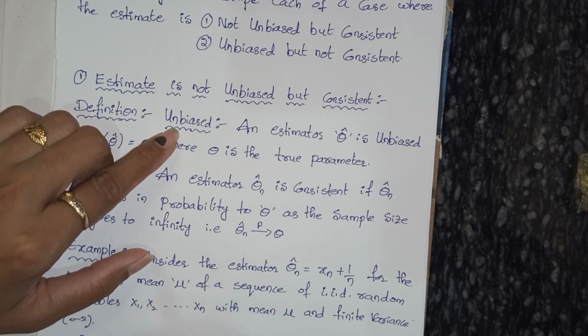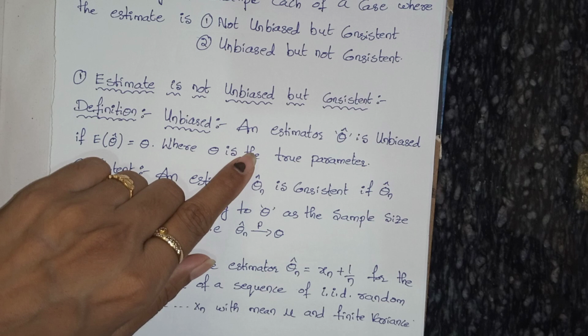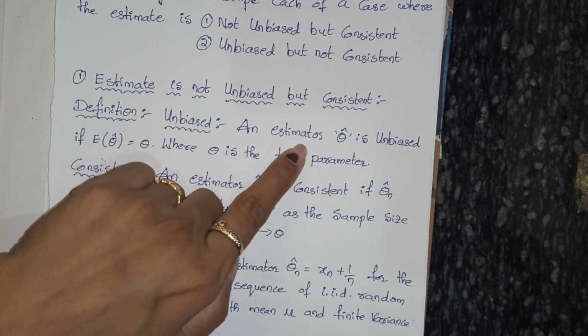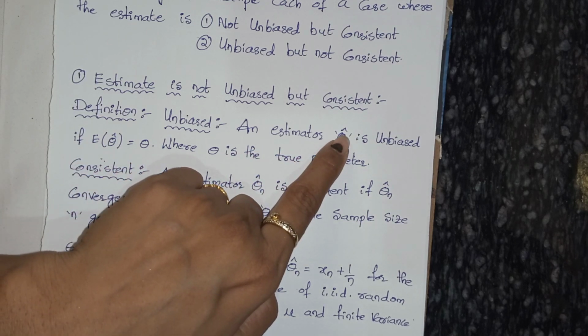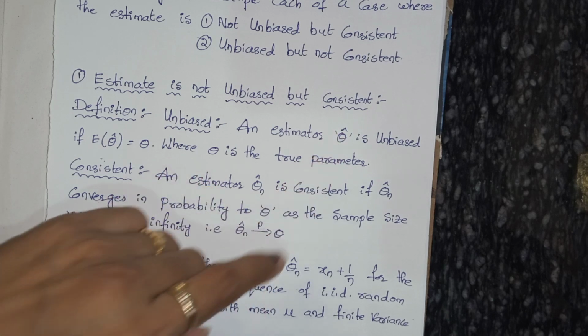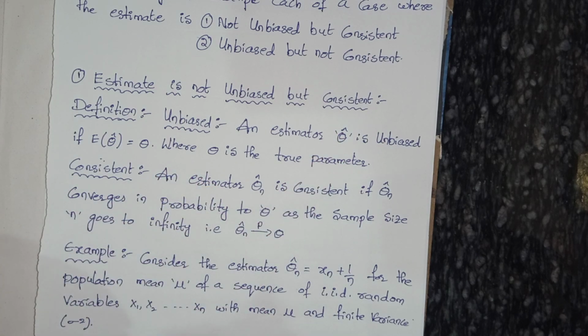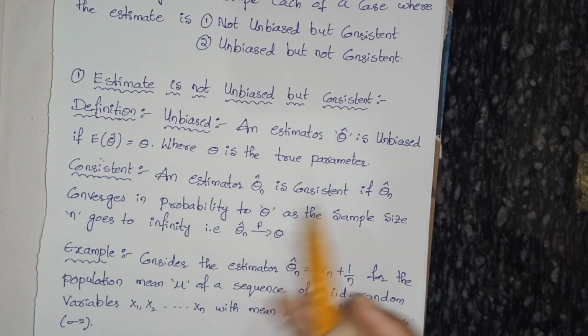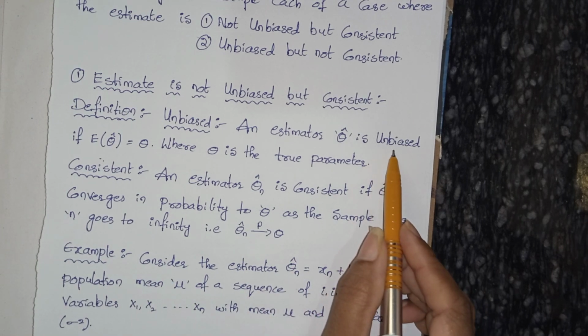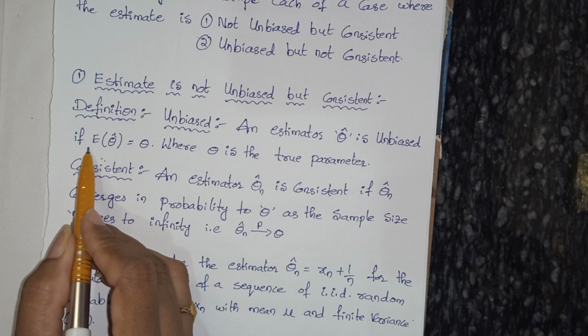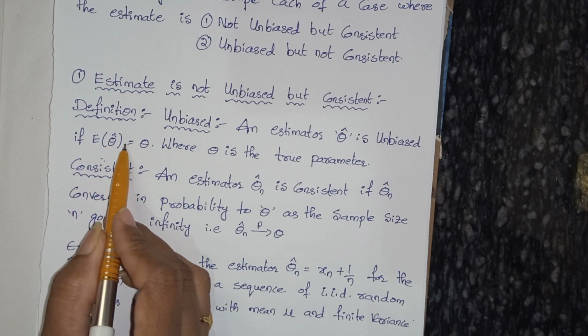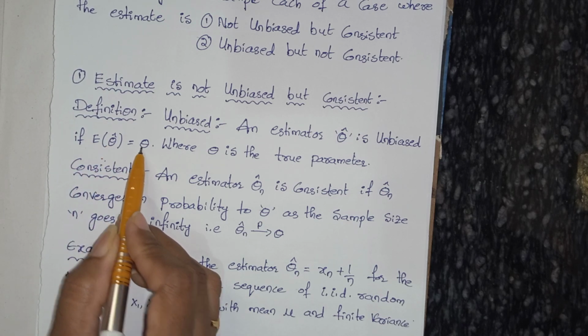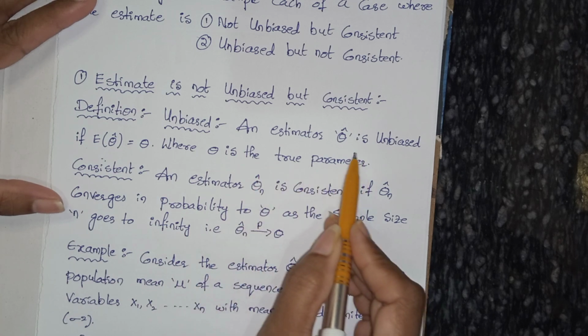Here is the definition: an estimator theta cap, where cap indicates that we are going to calculate it, is unbiased if the expectation of theta cap equals theta, where theta is the true parameter.